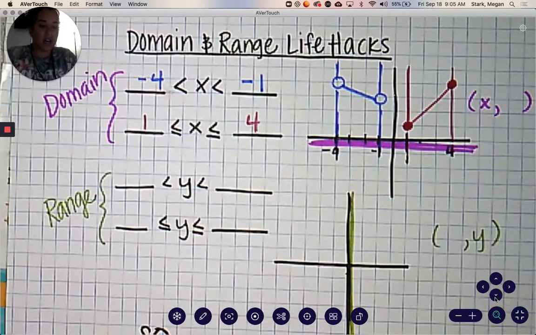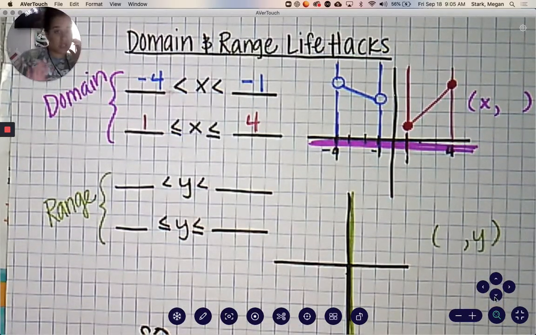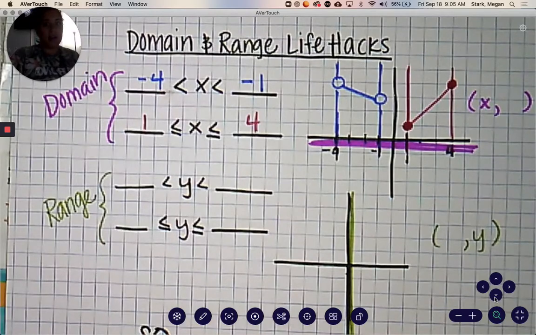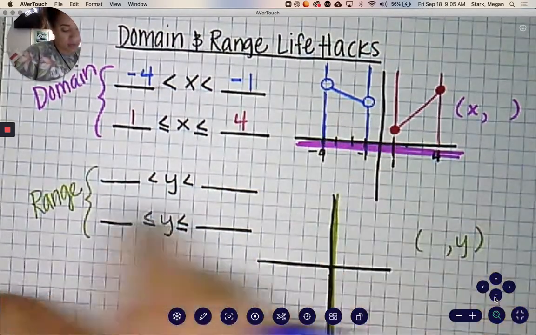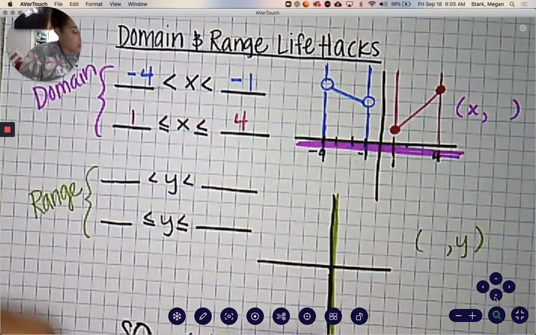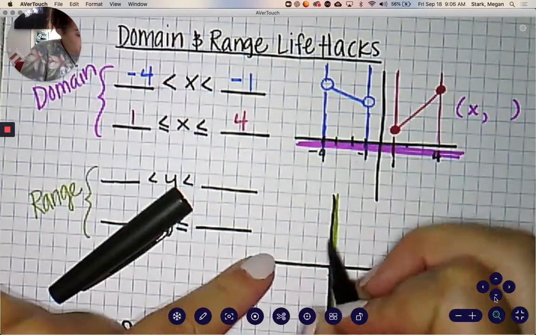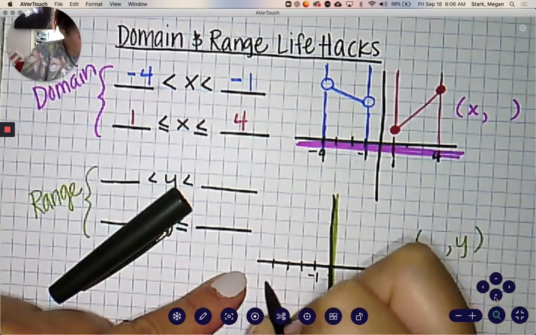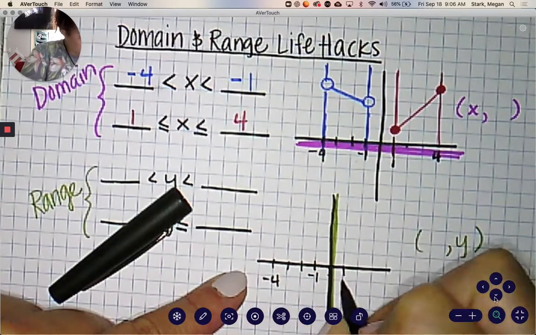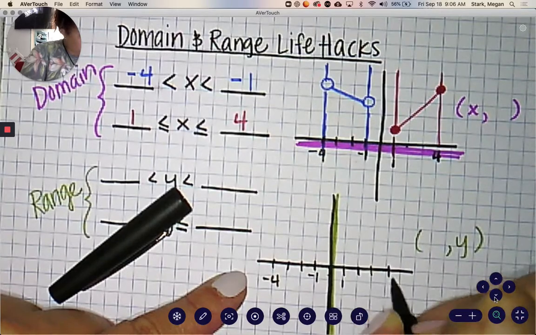So I'm going to draw again in blue and red. Now we're going to look at the range. I'll just draw these exact same graphs so we can see what they look like. So that's -1, 2, 3, 4, -4, 1, 2, 3, 4.